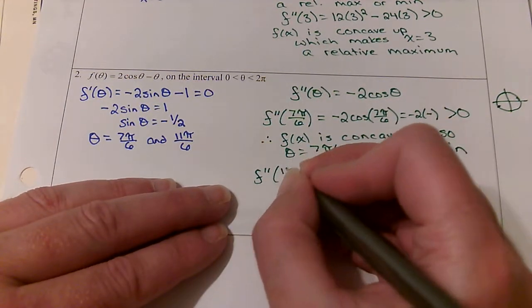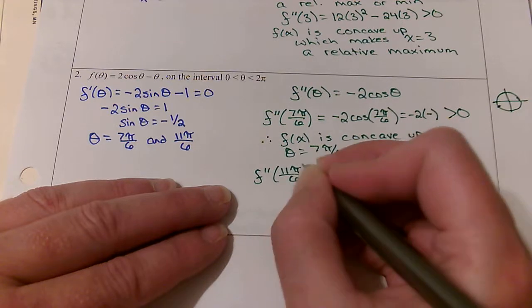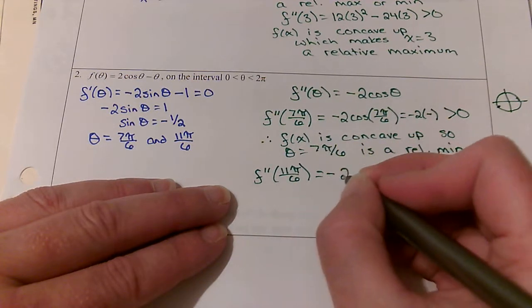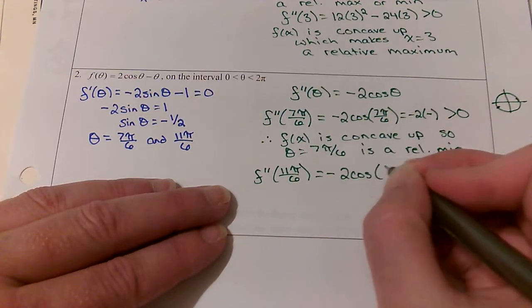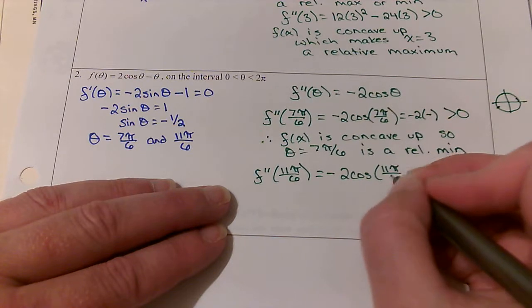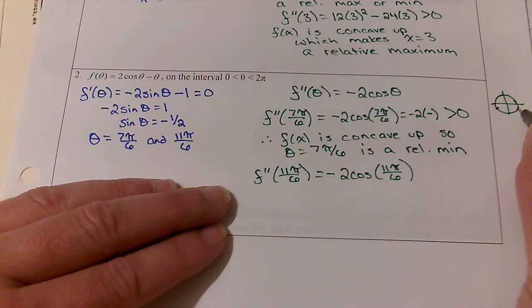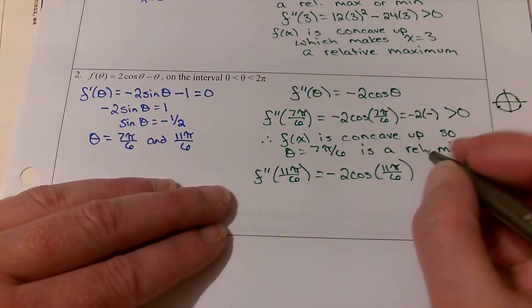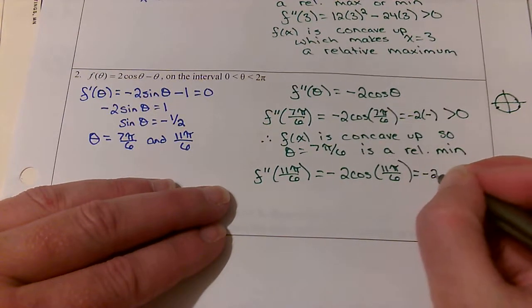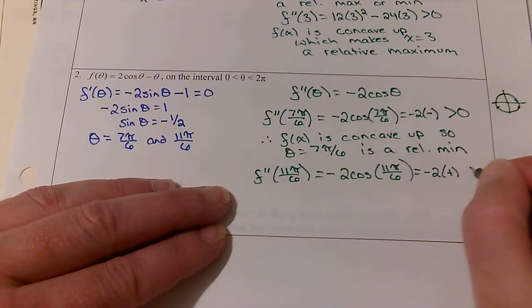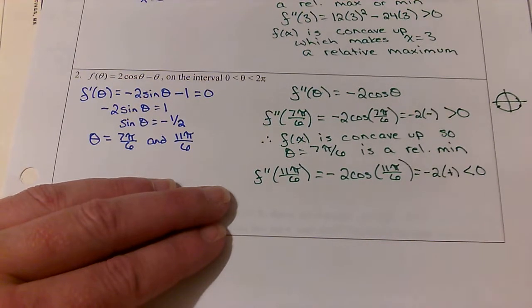Plug in 11 pi over 6. Well, 11 pi over 6 is going to be over here, and cosine is positive in that quadrant. So my answer is going to be a negative number.